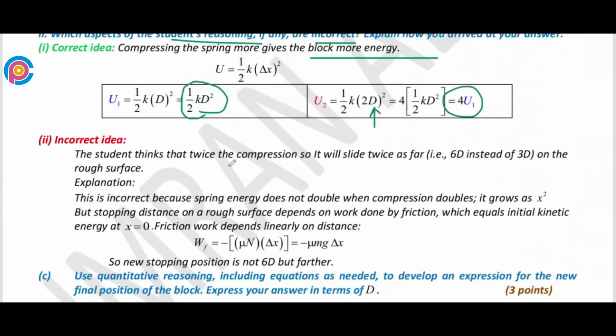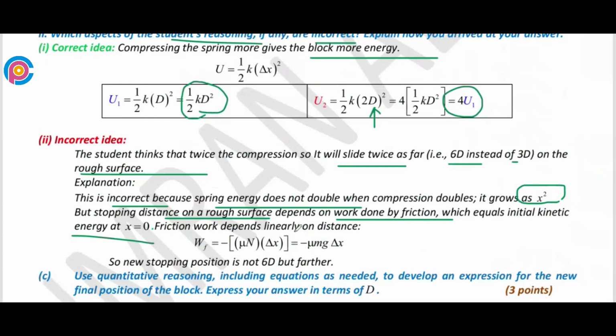Now, the incorrect idea: the student thinks that twice the compression means it slides twice as far, going from 3d to 6d on a rough surface. This is incorrect because the spring energy doesn't double, it grows with x squared. The stopping distance on a rough surface depends upon the work done by friction, which is equal to the kinetic energy at x equals 0.